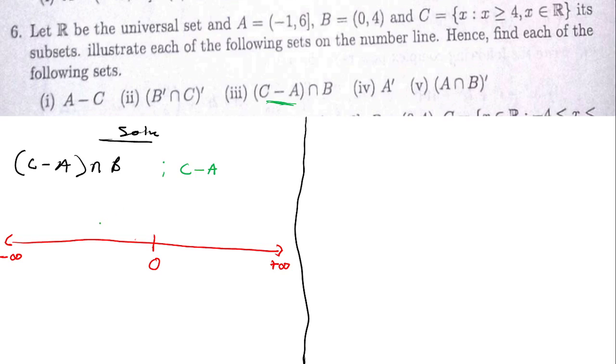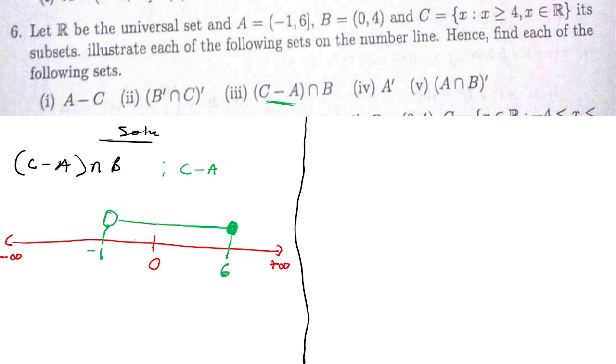So I'll show set A and set C on the same number line. So set A is having a -1, and -1 is not part of the answer, up to 6, and this 6 is part of the answer, which is shaded. So this is set A, like that.